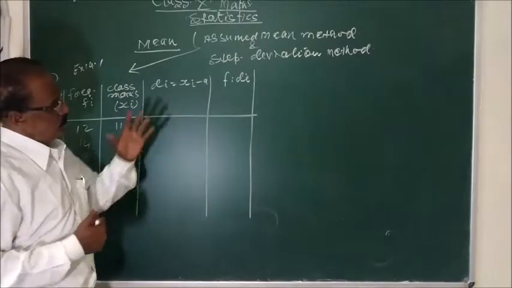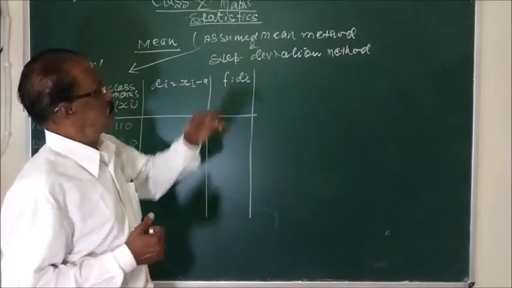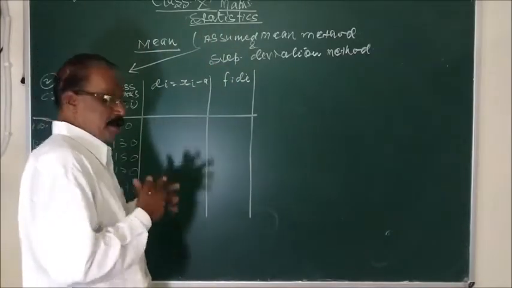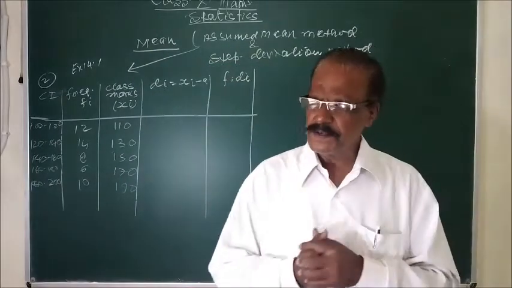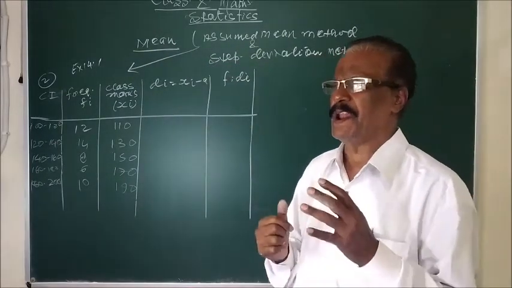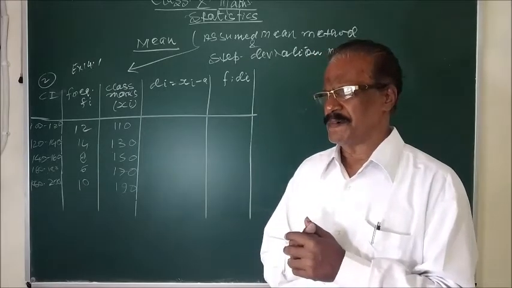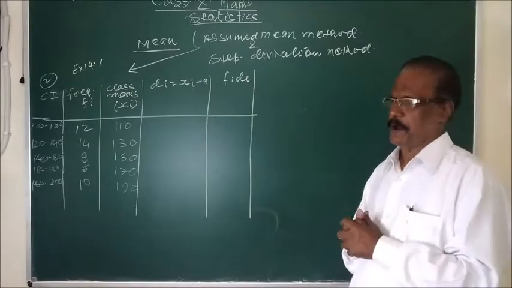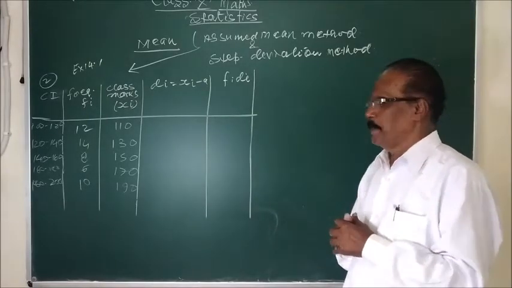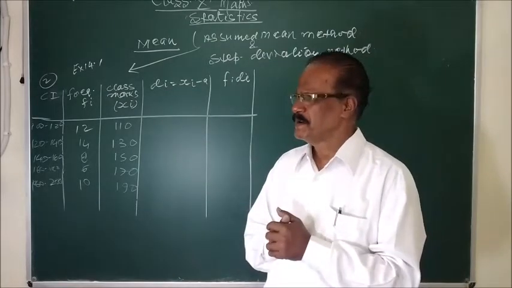But now you see what is the difference between the direct method and the assumed mean method. My dear students, if the number of observations is very large, although you can solve by the direct method, it will be a very time-taking process.